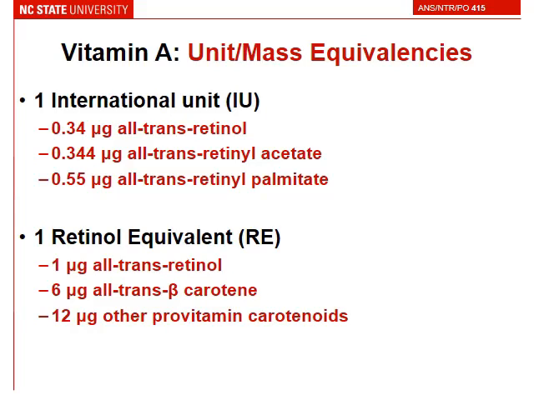Just as we had the international units to normalize the different types of vitamin E that we talked about previously, we have a similar situation with vitamin A. We have different types of retinoids and different types of carotenoids that we need to normalize because they have different activity levels.